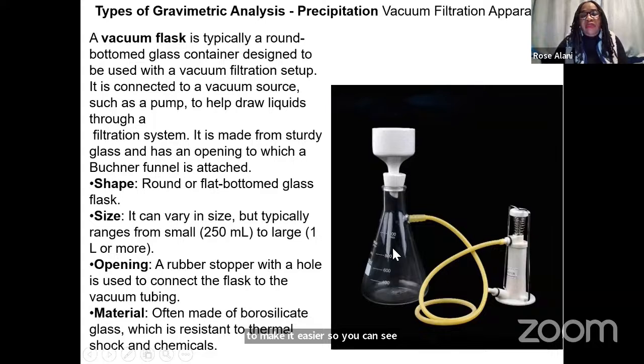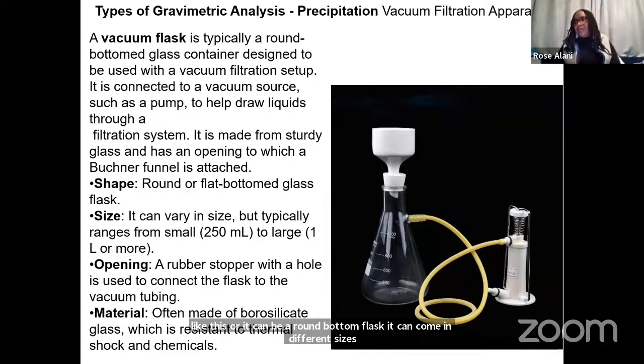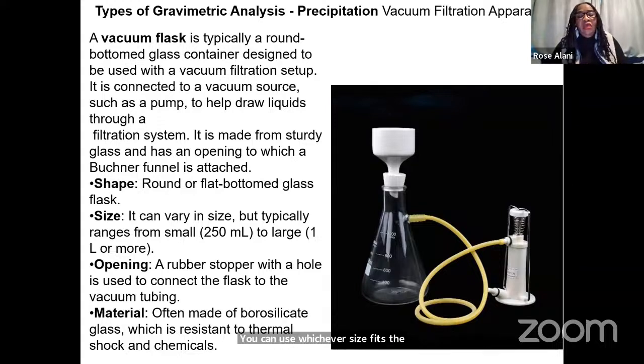Here is the vacuum flask. It can be in the form of a flat bottom flask like this, or it can be a round bottom flask. It can come in different sizes. You can use whichever size fits the amount of sample, the amount of solution that you're handling. By the side of your vacuum flask, there is an opening.